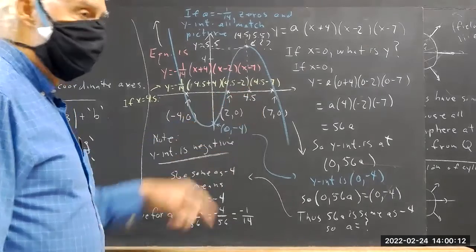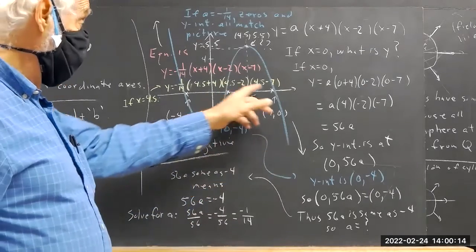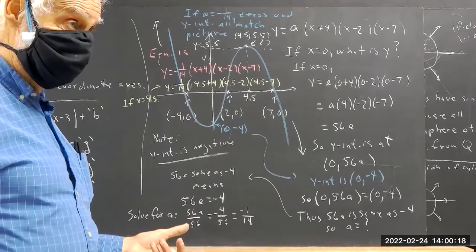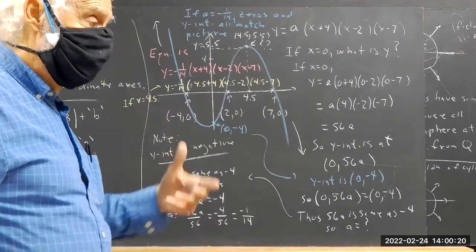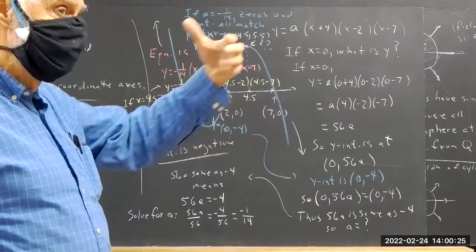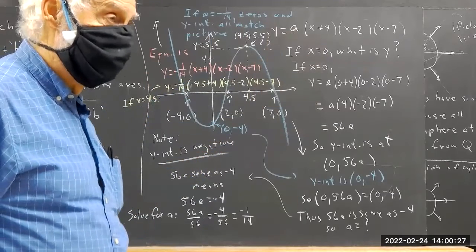So this times this gives us -6.25 if you do the arithmetic. And this is 8.5. 8.5 times 6.25 is about 54 or 55, okay?